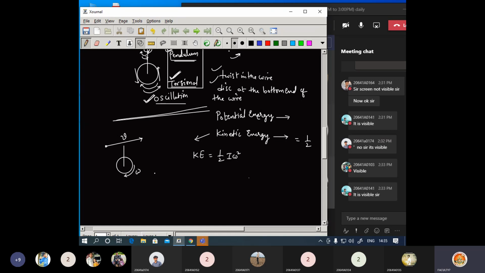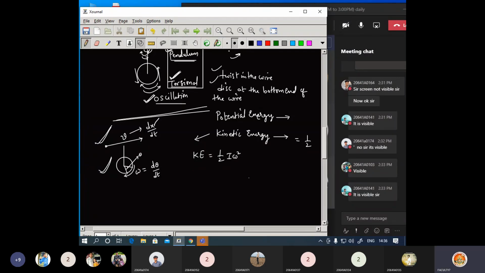Now what is actually velocity? Velocity can be given as dx by dt. This is regarding the linear displacement and the linear velocity. Regarding this, you take theta, the angular displacement. Now omega can be given as d theta by dt.